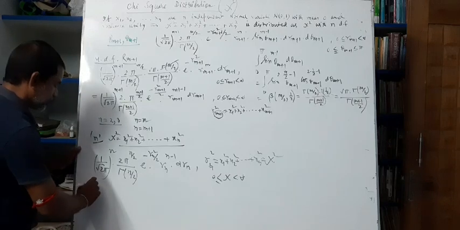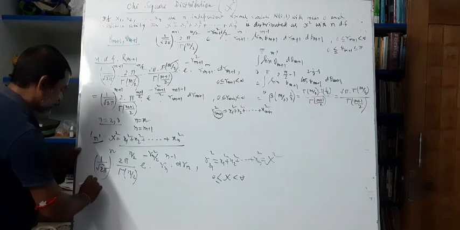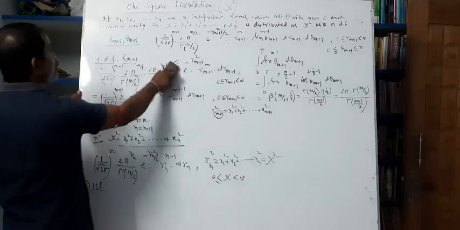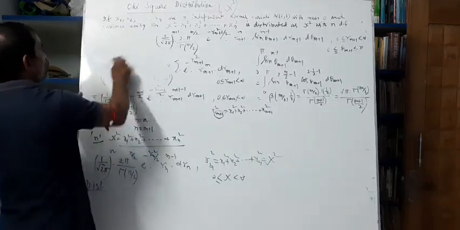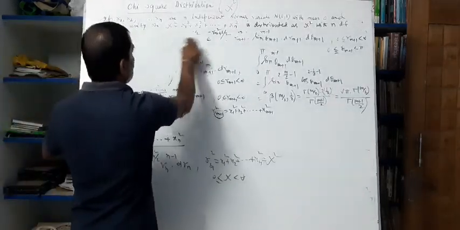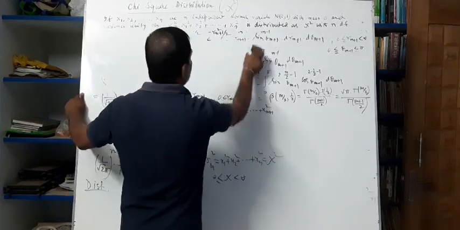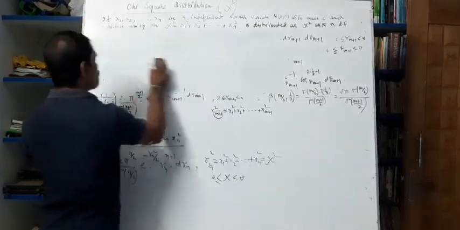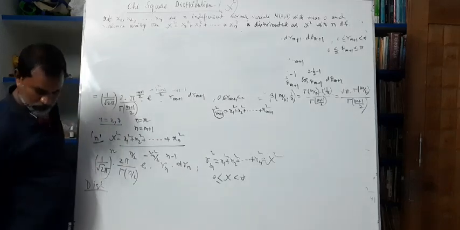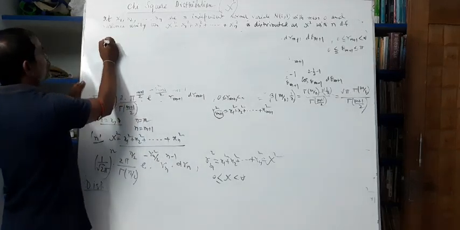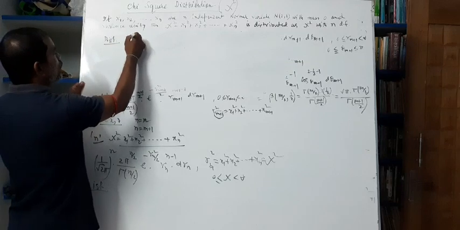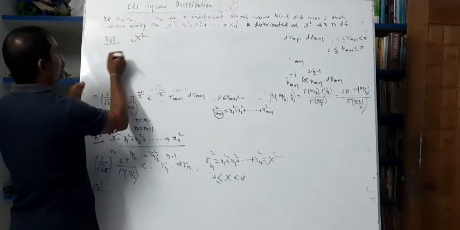So the distribution function of chi square can be written as, finally we have reached the distribution function of chi square.